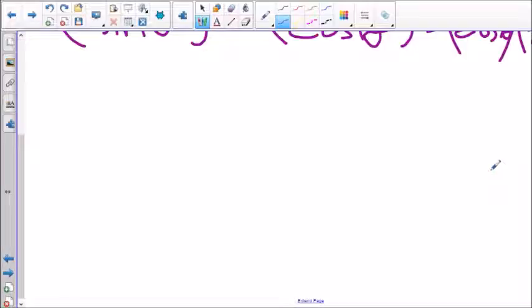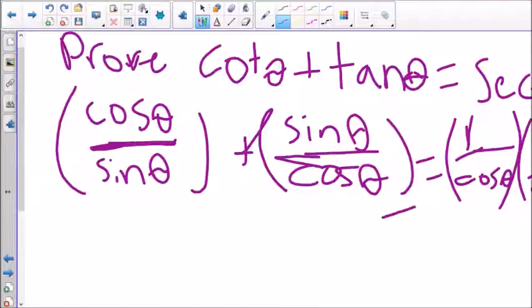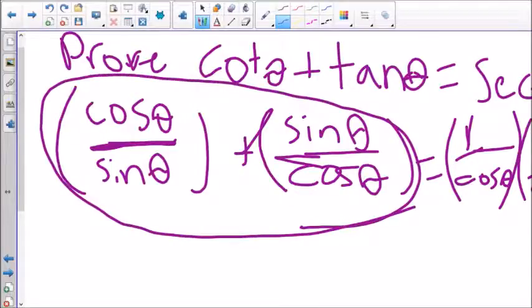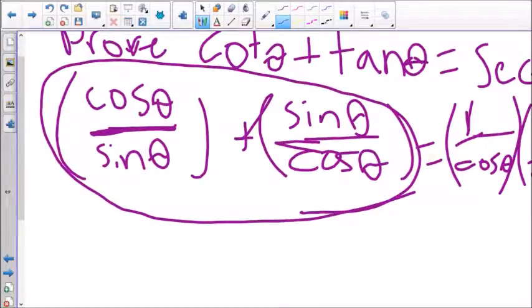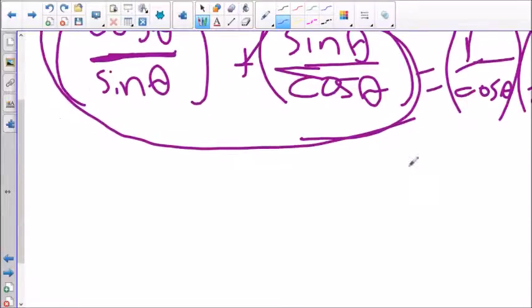So to get a common denominator, we're just talking about the left side, this side up here. This side basically already has a common denominator if you multiply these two, but we don't have to do that because I'll explain later when we actually finish solving or proving.